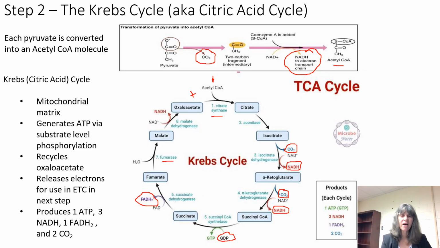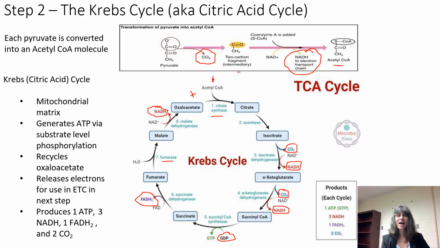Malate with the help of malate dehydrogenase, see how we're getting rid of these hydrogen atoms, is going to form NADH, and that takes us back to oxaloacetate, which is going to be recycled with the help of citrate synthase to take us back through the cycle again.